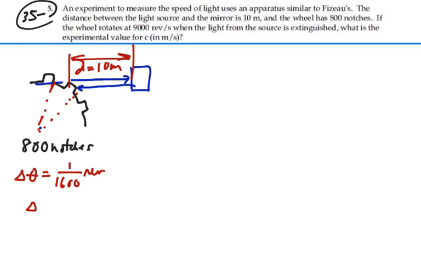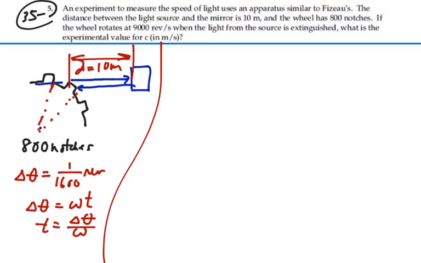And we know that this angular change is going to equal the angular velocity times time. So time will equal the angular change over the angular velocity. The time then is going to be equal to 1/1600th of a revolution over the angular velocity, which is 9,000 revolutions per second.